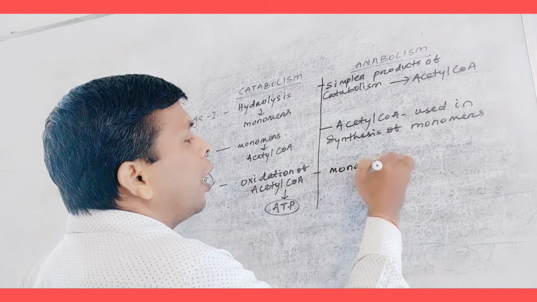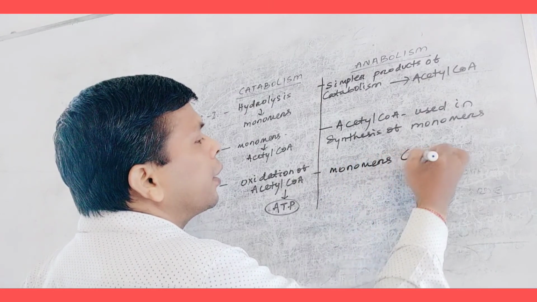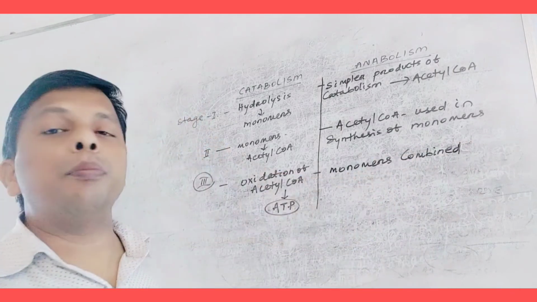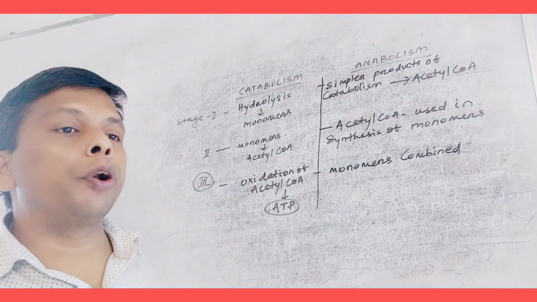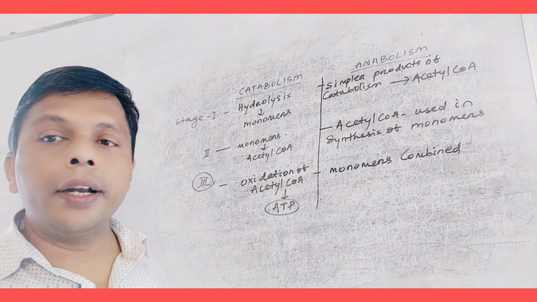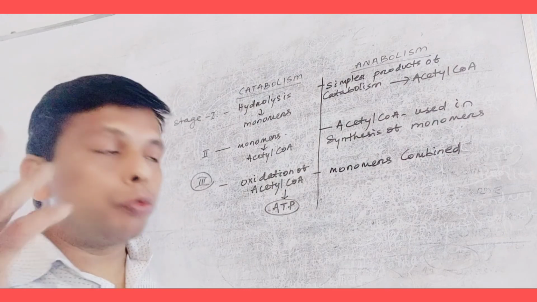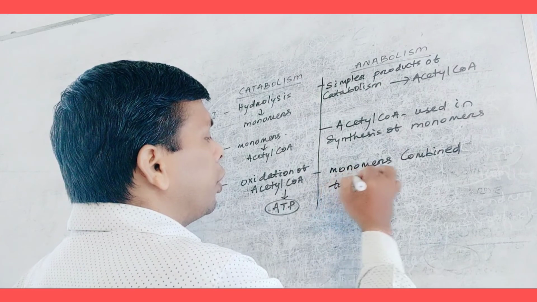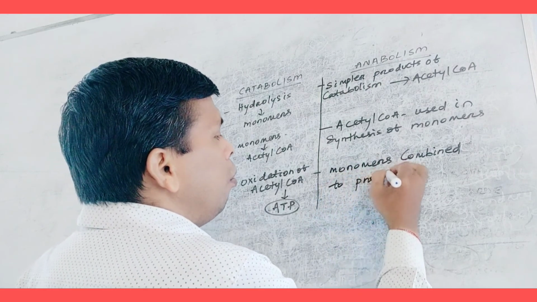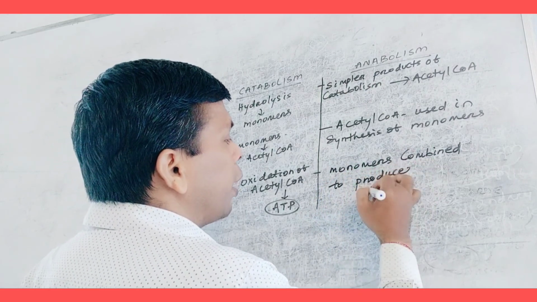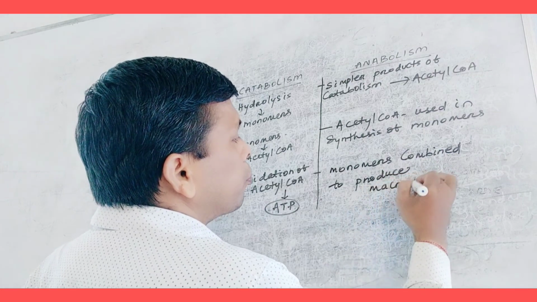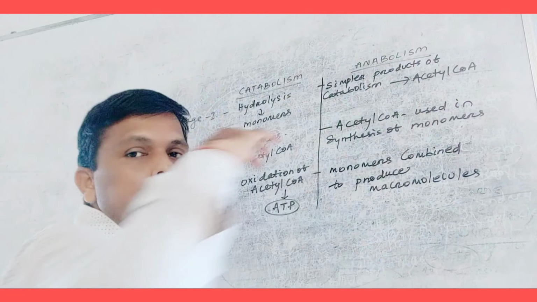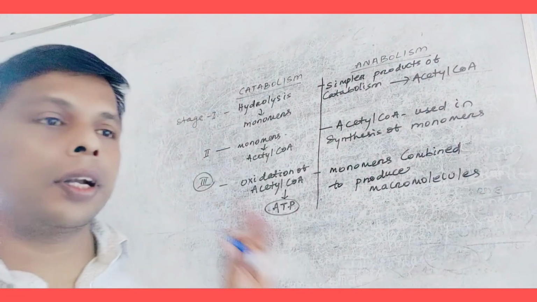Monomers are combined by different biochemical linkages to produce carbohydrates, lipids and proteins. So, they combine to produce macromolecules. Okay. So, synthesis takes place, and degradation takes place.